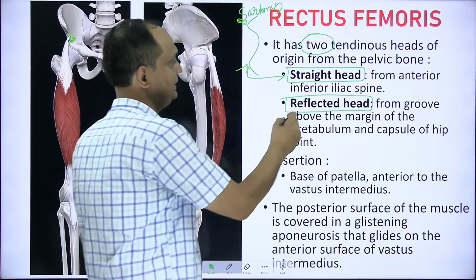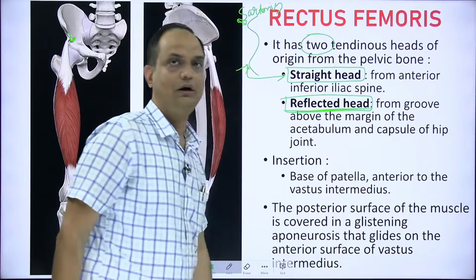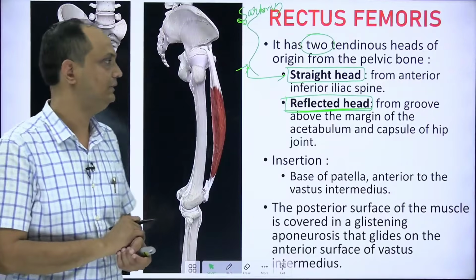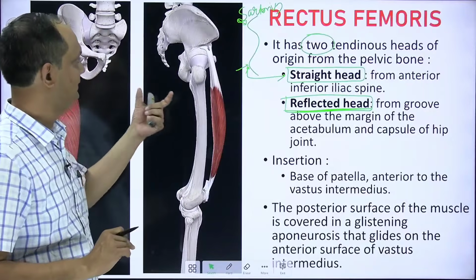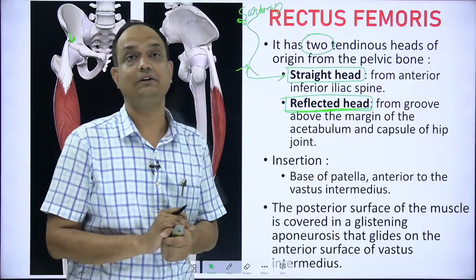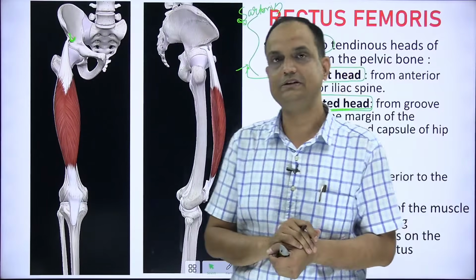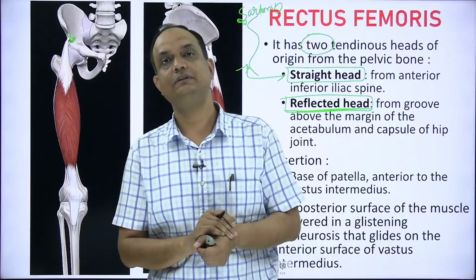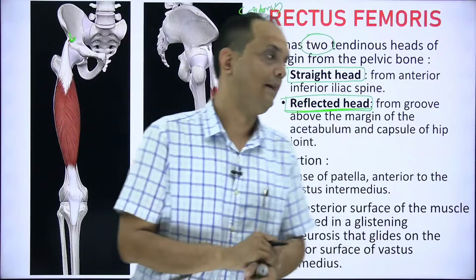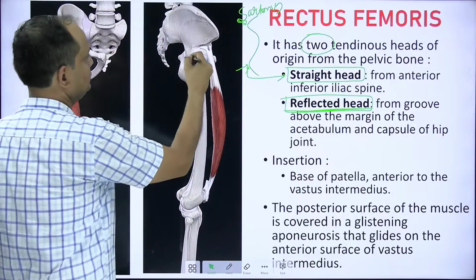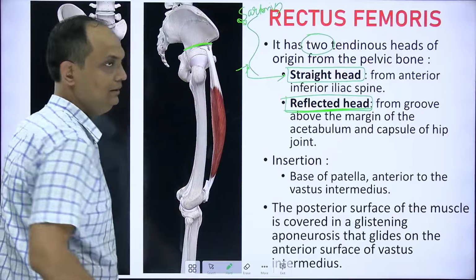Now, where is the reflected head? The reflected head comes from the groove just above the margin of the acetabulum and the capsule of the hip joint. When you see the lateral surface of the hip bone, you know that this lateral surface is known as the gluteal surface, which has been divided into 4 parts by the 3 gluteal lines.